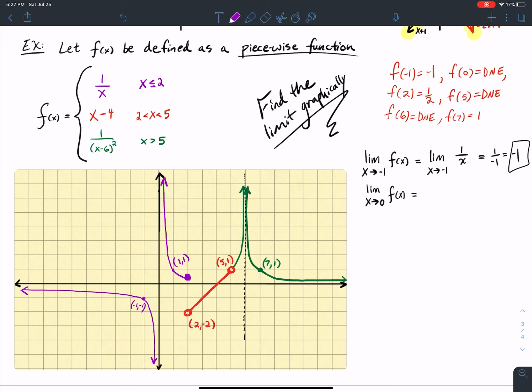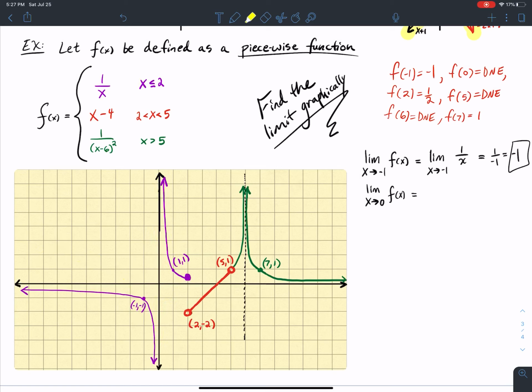The next one that I want you to get is f of x, and I'm taking the limit as x goes to 0. So how does the function behave around 0, right? Looks pretty crazy. On the right side, it looks like it's going up to infinity. On the left side, it looks like it's going down to -infinity. So looking at this, my function is the purple one, so that's going to be this first one, right?